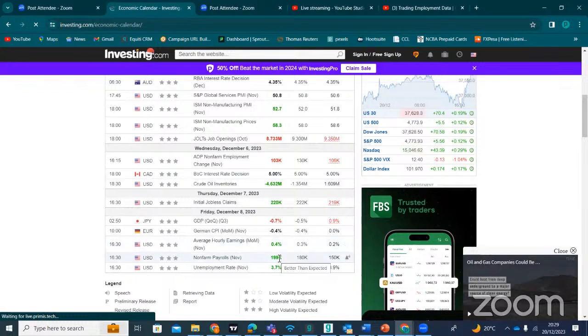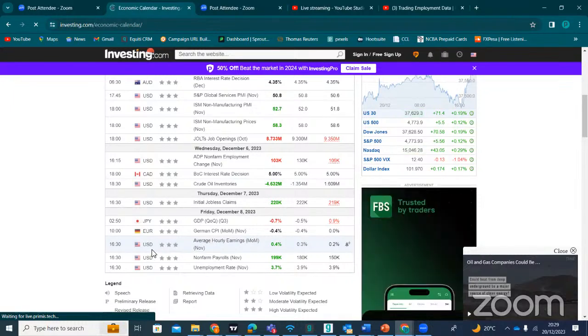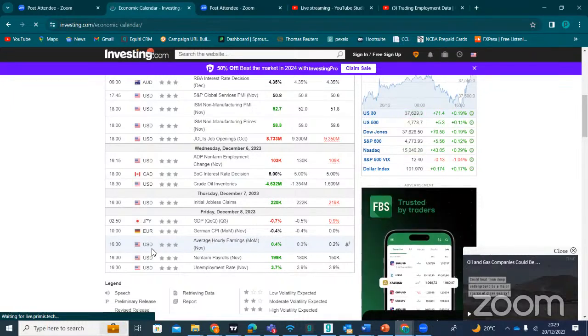So in this case, we are dealing with the US dollar. If you look at how US dollar pairs were performing at around 4:30 on 8th of December, you'll notice that this data caused a significant fluctuation in favor of the US dollar.